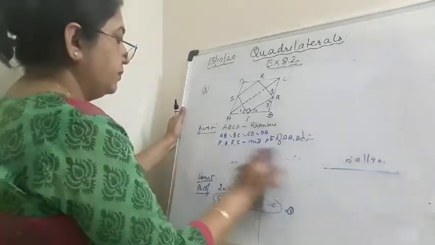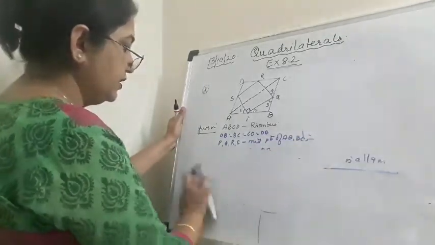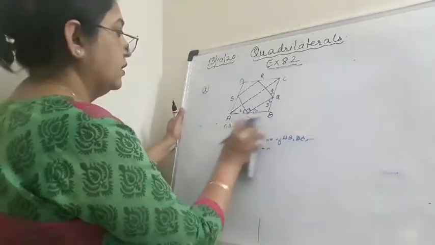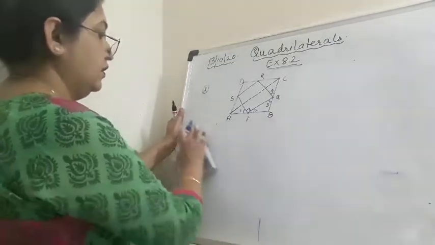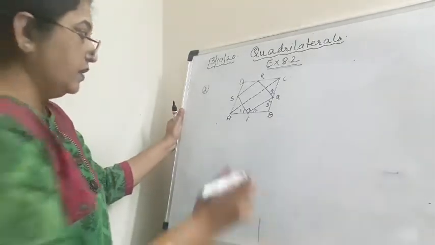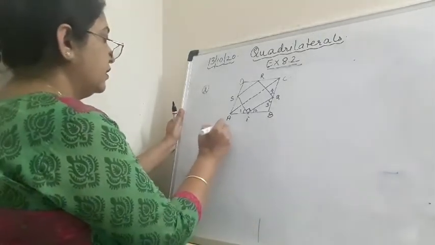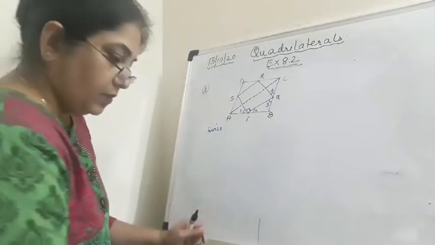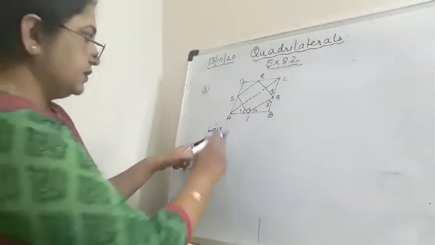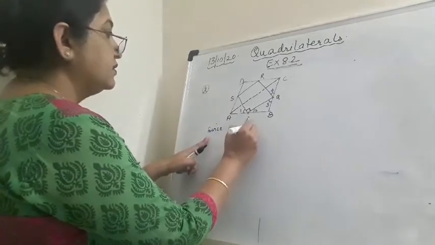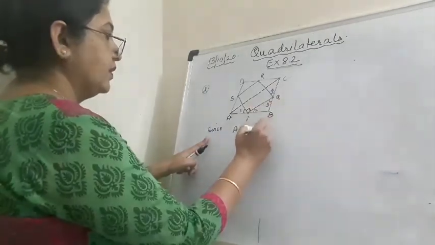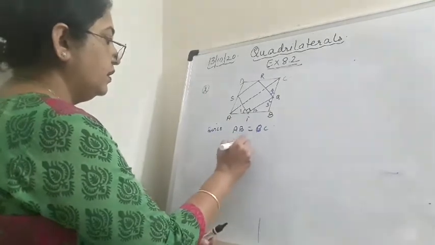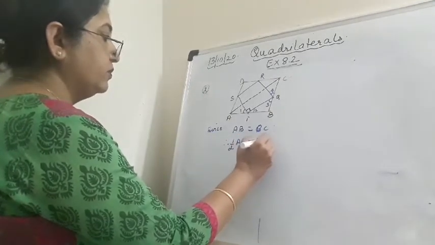We know that in a rhombus all the 4 sides are equal. Yes, so we can write, now since this is after completing that PQRS is a parallelogram, we will start with this part. Now since AB is equal to BC, therefore half of AB is equal to half of BC.